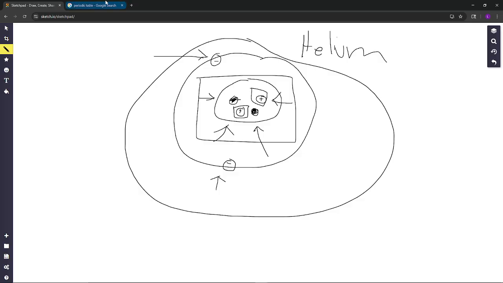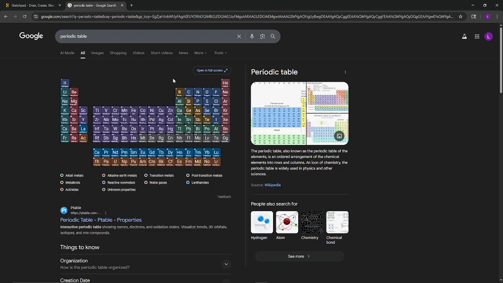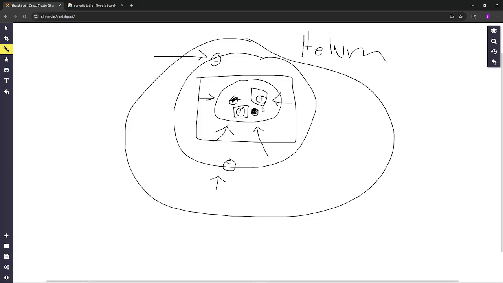So let's say if you had 5 protons in an atom, what element do you think it would be? So if you said boron, you would be right, because as you can see in the top left, boron has 5, and that means that it has 5 protons in the middle.